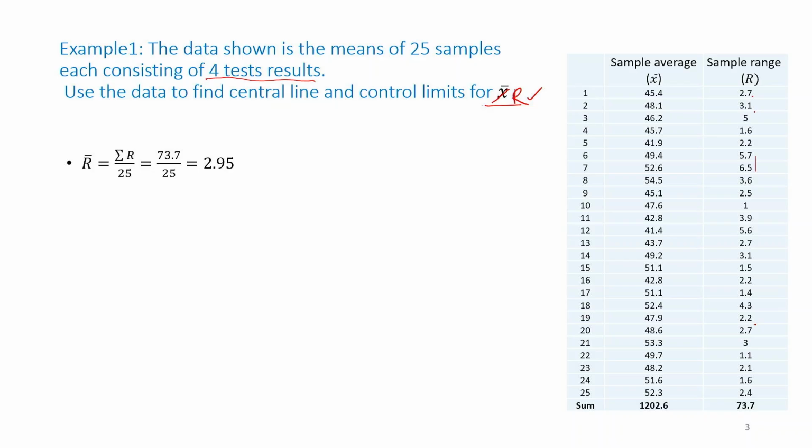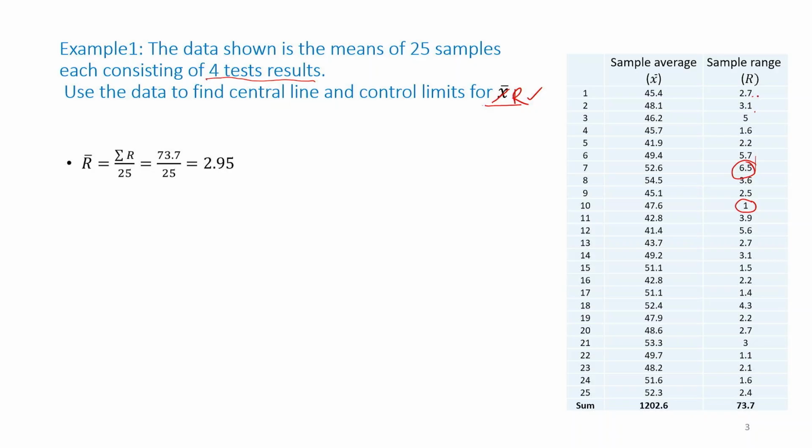So you can see the range values are varying between the minimum, which is 1, and the maximum, which appears to be 6.5. So for different samples we get different values. Now what we need to do is to find out the average range.